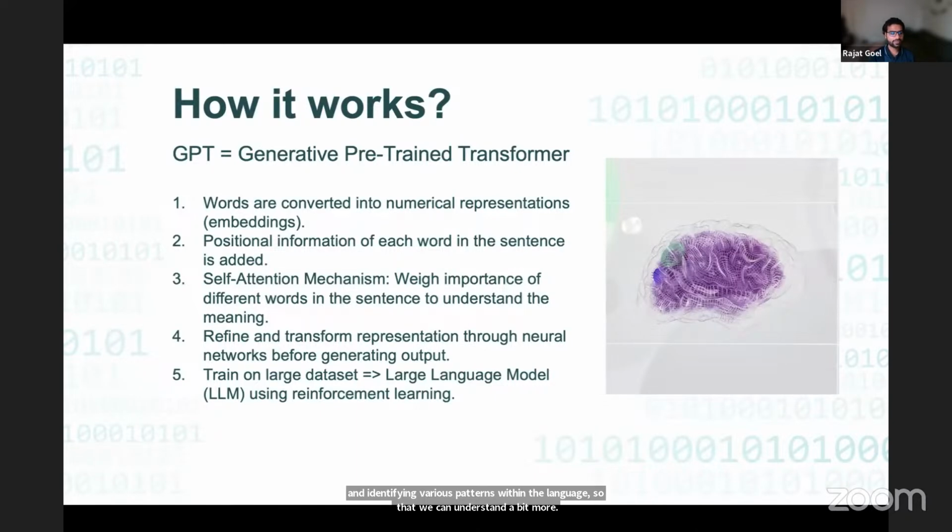And then, when we have created this architecture, we train it on a very large data set. That's how we create a large language model, and we use reinforcement learning to learn from that data set, saying, hey, this prompt was good, but it could have been better. We assign more reward to a better prompt or a better response to the prompt.